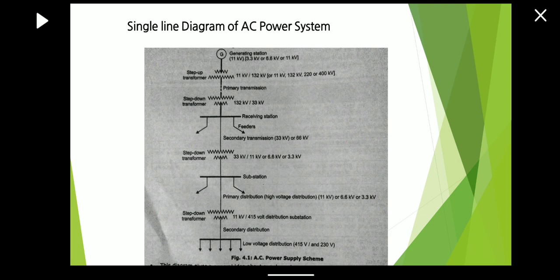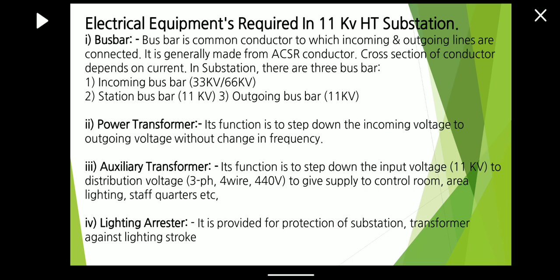The advantage of using the 3 phase 4 wire system, R Y B N, is that both 3 phase and 1 phase supply can be used depending upon the load. The service lines are taken off from this line. So this is the single line diagram of the AC power system.